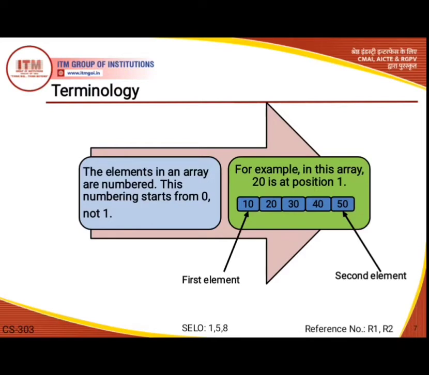Okay, and if we talk about indexing, as I already mentioned in the form of length, this 0 based indexing generally correlates with the first element of the array, which is indexed by subscript 0, and 1 based indexing is the second element of the array, indexed by subscript 1.